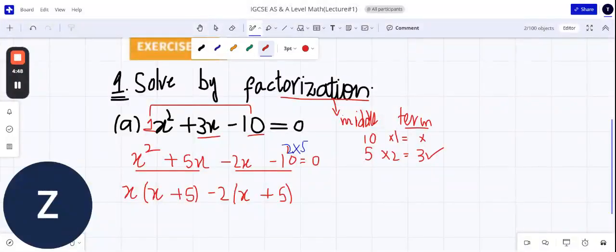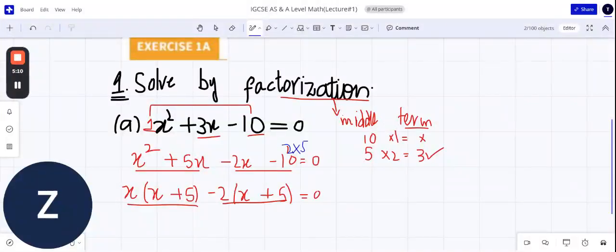The next step, we have to take common once again. Now we have two terms only. So remember, if you have the same values in the brackets, it means that your factorization is correct. What is common in both the values?